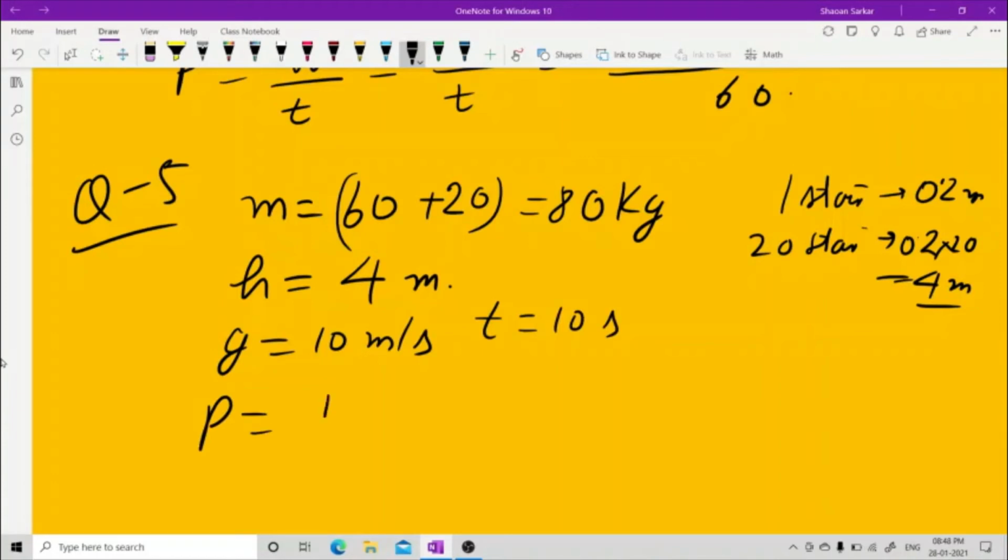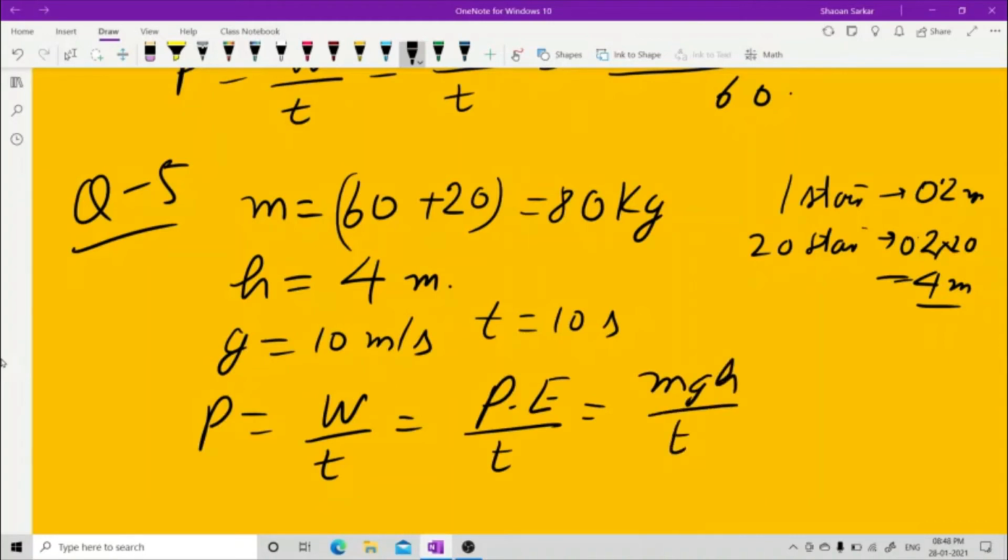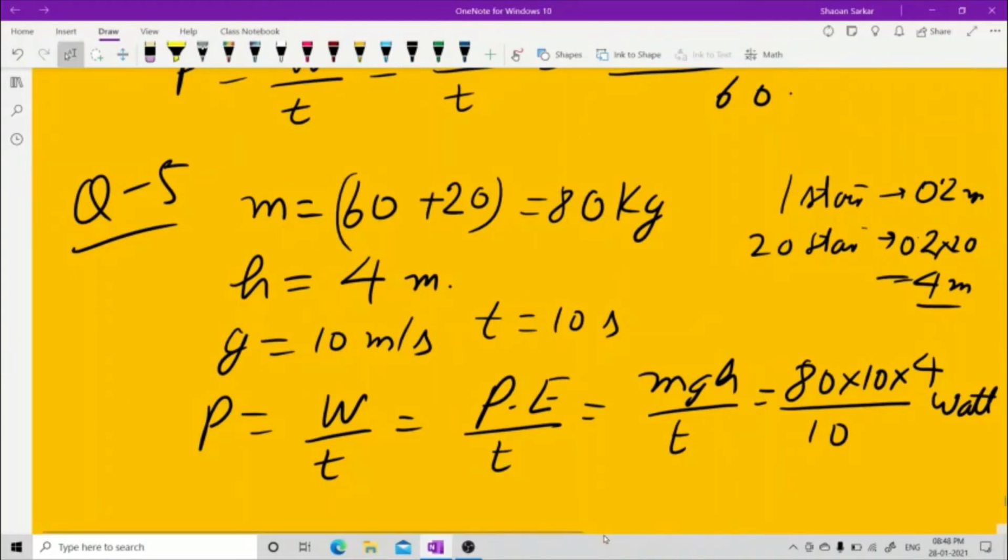Here power is work by time, which is the potential energy gained by time. Potential energy is mgh, so mgh by time: m is 80, g 10, h 4, over 10 seconds, and this is in watt. Calculate yourself, you can do the multiplication yourself.